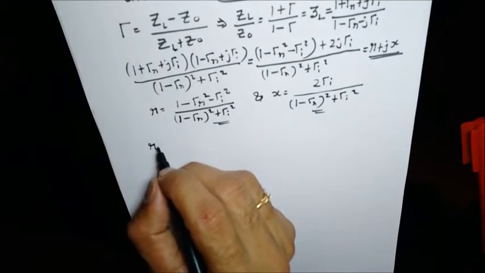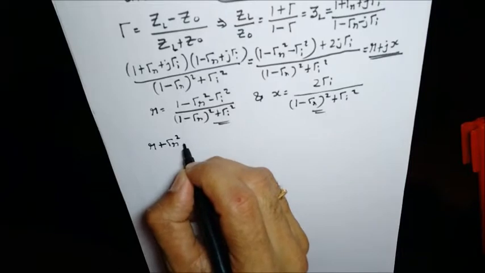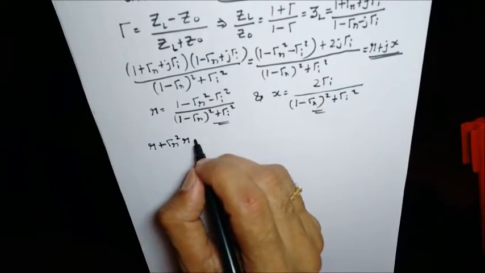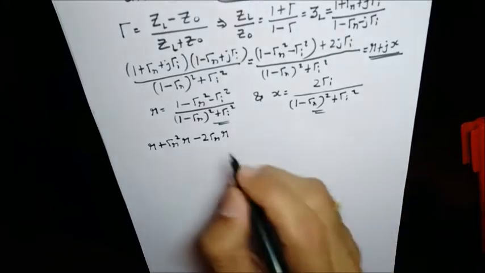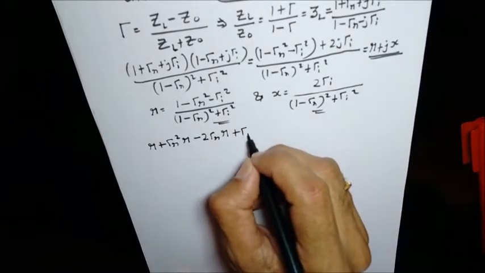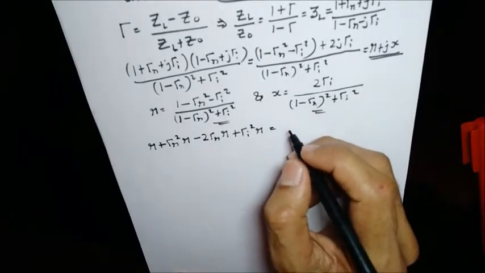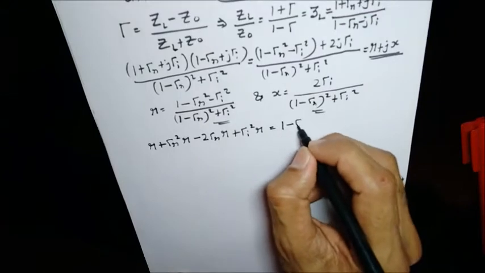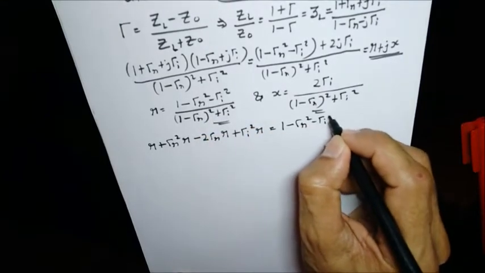You will get r plus gamma r square r minus 2 gamma r r plus gamma I square r equal to 1 minus gamma r square minus gamma I square, the numerator.